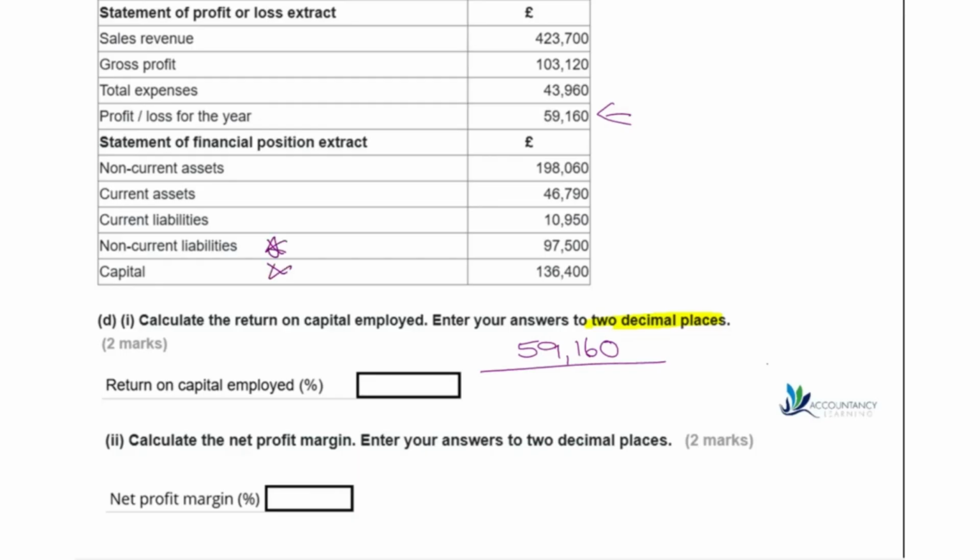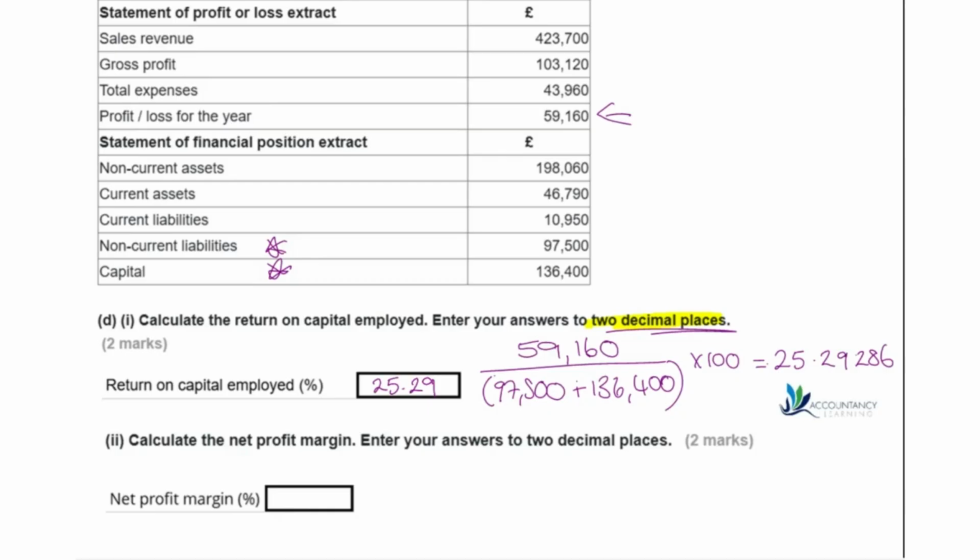So that's our current liabilities and our capital. So the total of 97,500 and 136,400. Then multiply that by 100 to get our percentage. And that to 2 decimal places is 25.29.